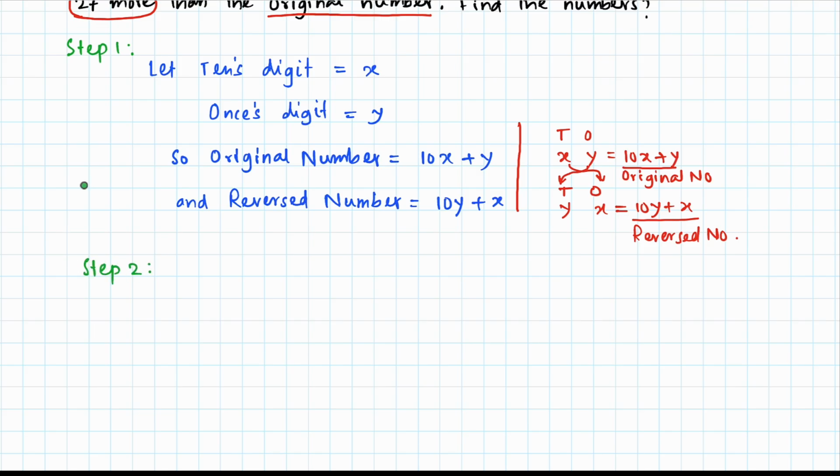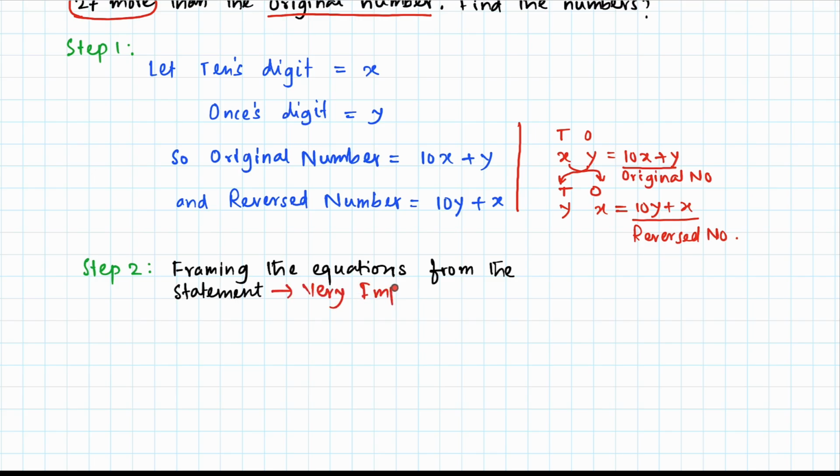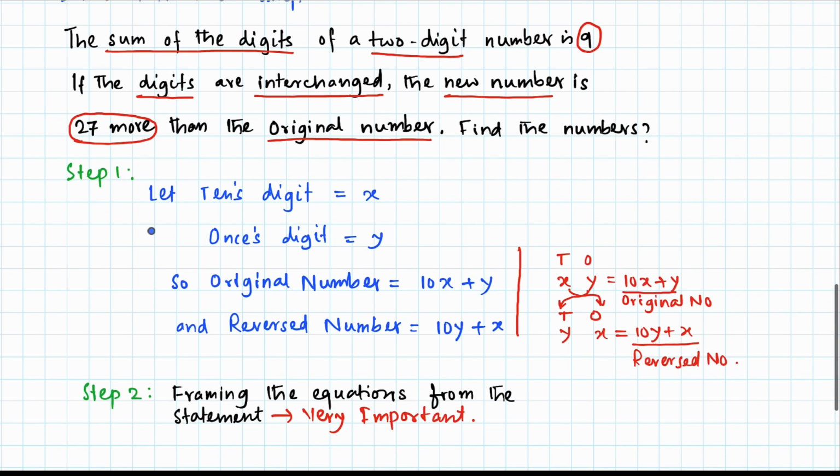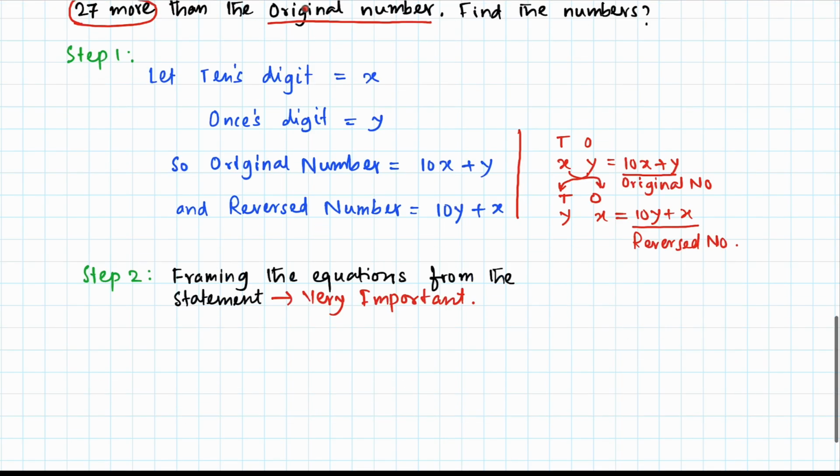Now step 2, what we need to do is frame the equations from the statement. Once we have set the variables, now this is very important, framing the equation from the statement. If you see, sum of the digits, this is statement 1, or the first statement: sum of the digits of a two-digit number is 9.